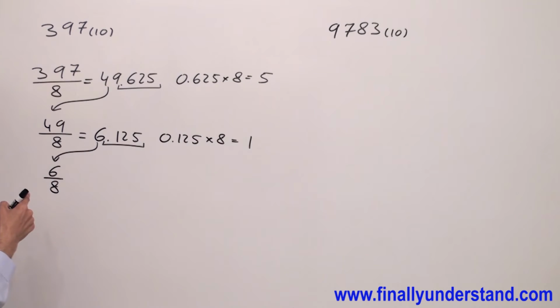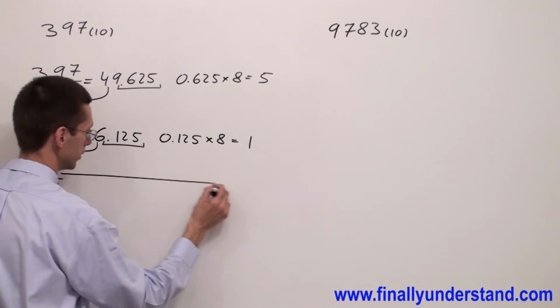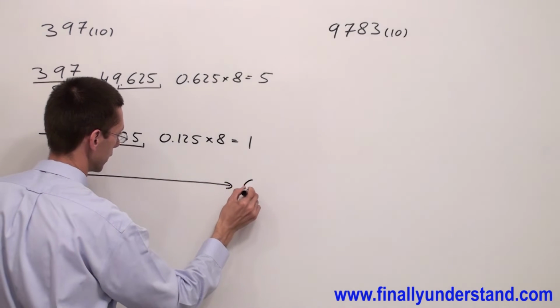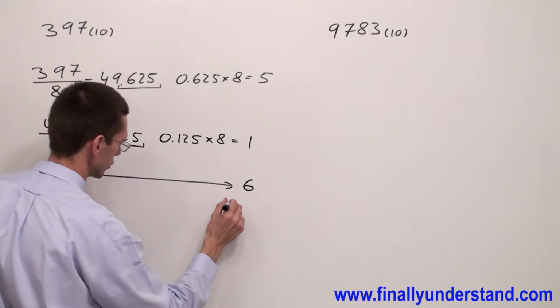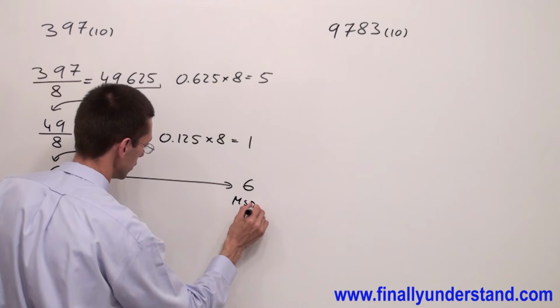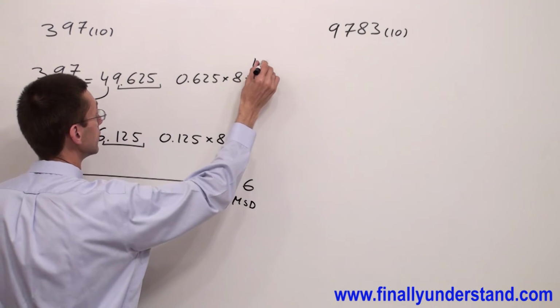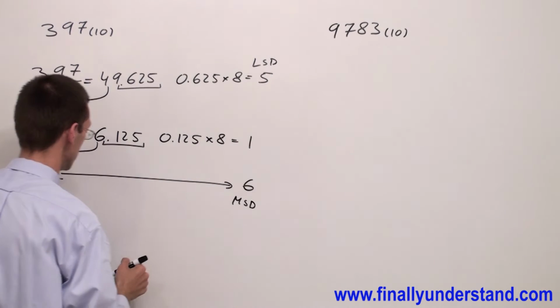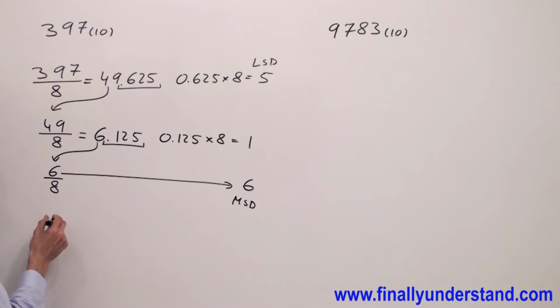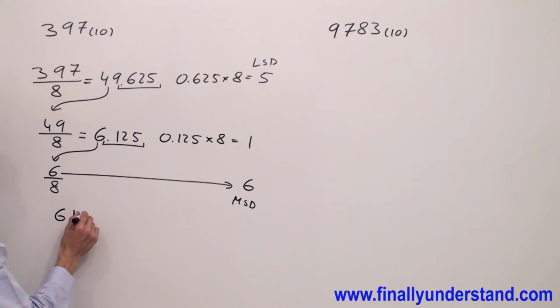Anytime the numerator is less than the denominator, you're supposed to simply copy the numerator to the side. And remember, this is your most significant digit, and this is the least significant digit. That's why I'm going to have the number 6, 1, 5, base 8.